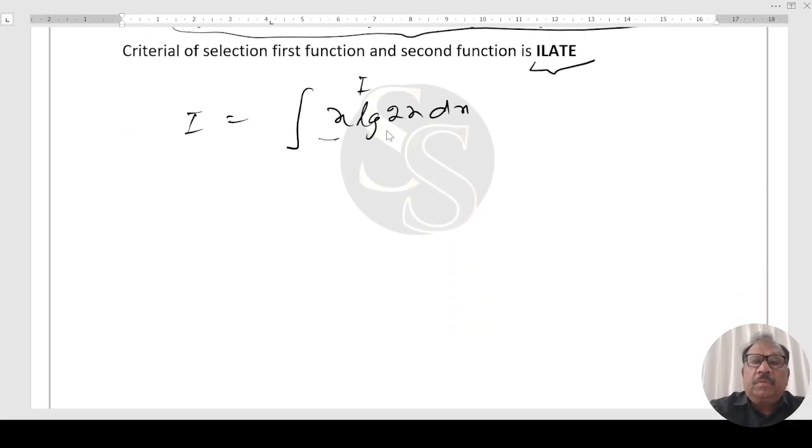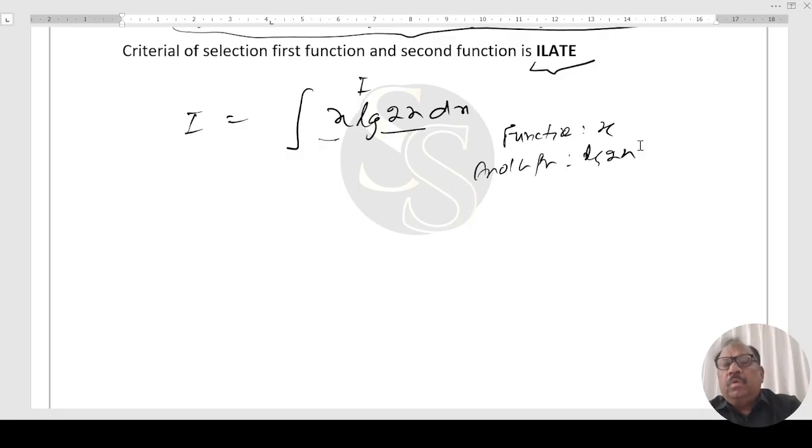Now in this case, one function is x, another function is log 2x. According to ILATE, which is coming earlier? L. Logarithmic is the first function, and this will be the algebraic function.